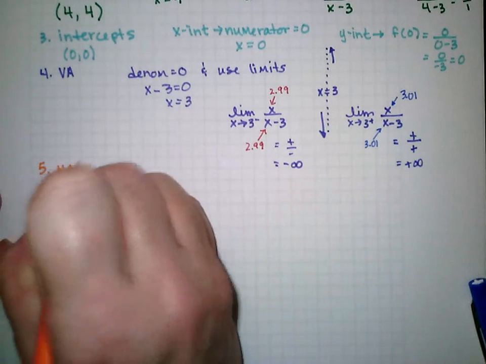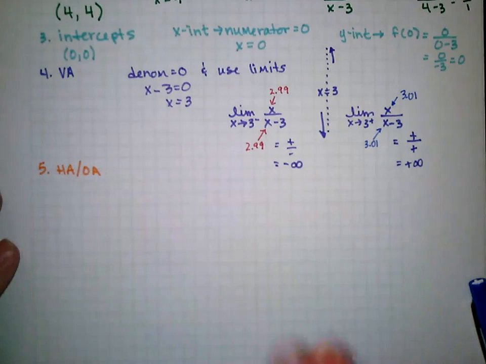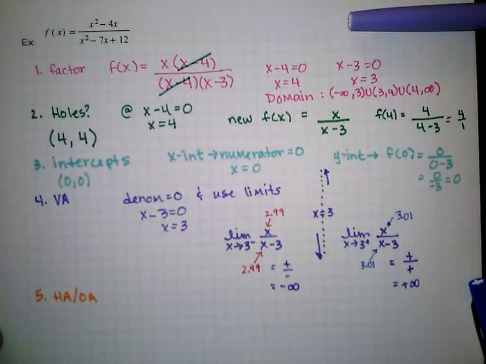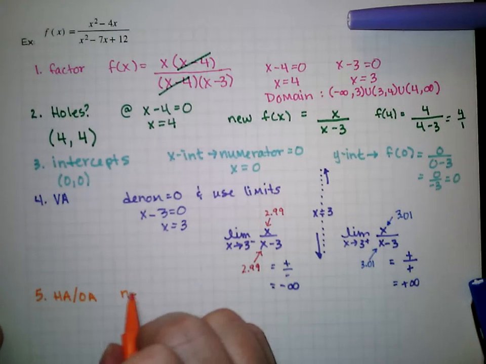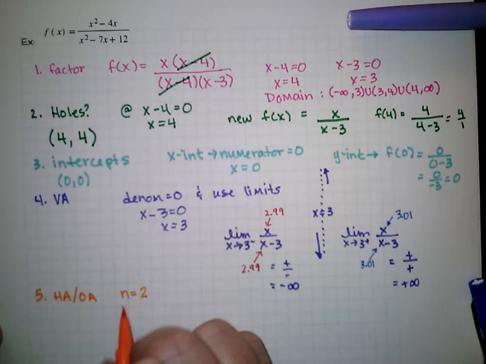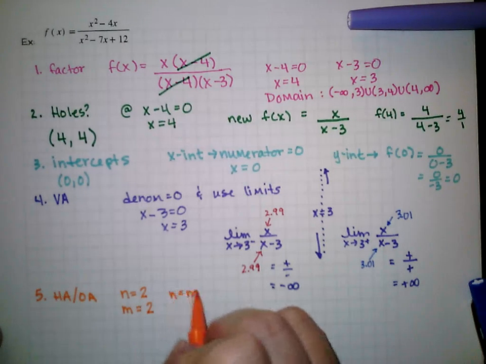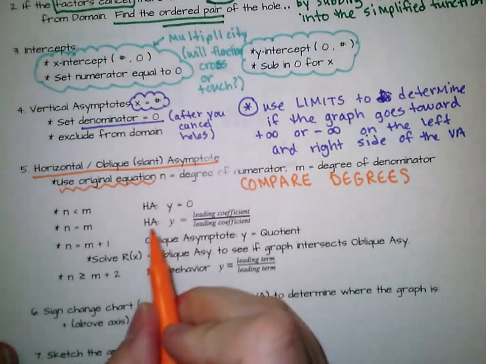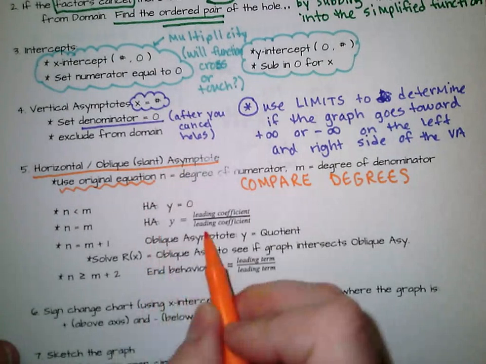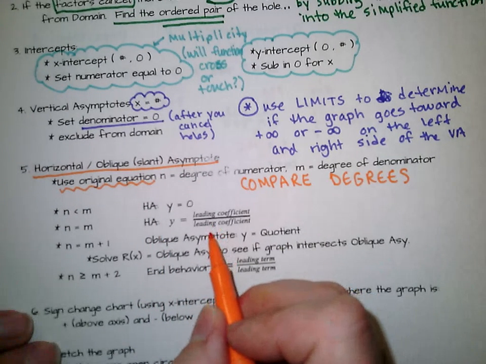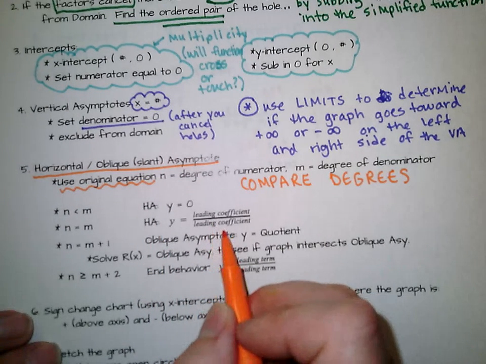Horizontal asymptote, oblique asymptote. So in our original function, the degree of the numerator is 2, and the degree of the denominator is also 2. Since those are equal, the horizontal asymptote is y equals the ratio of leading coefficients.